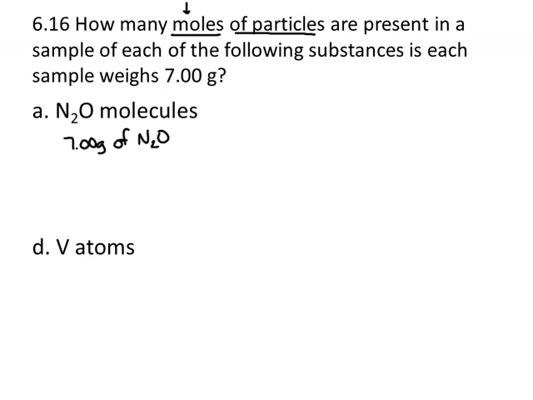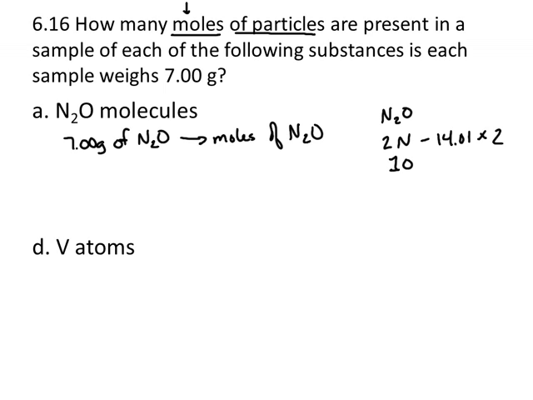So I have 7.00 grams of N2O, and I need to go to moles of N2O. That's really what this question is asking. So to do that, I need the molar mass of N2O. And we know that N2O is 2 N's and 1 oxygen. And so I can go to the periodic table and find the molar mass of nitrogen, and it's 14.01.